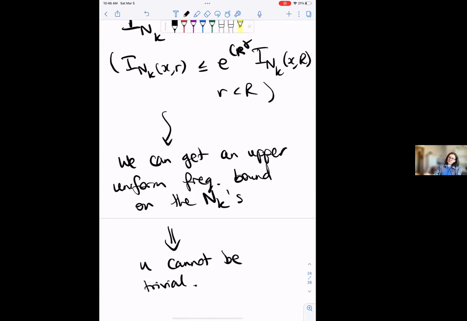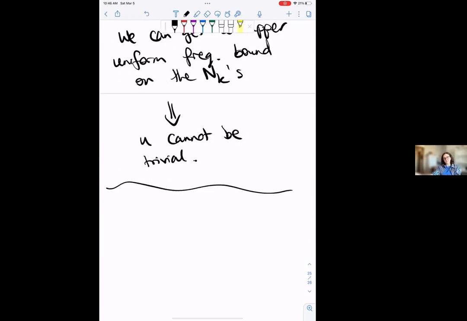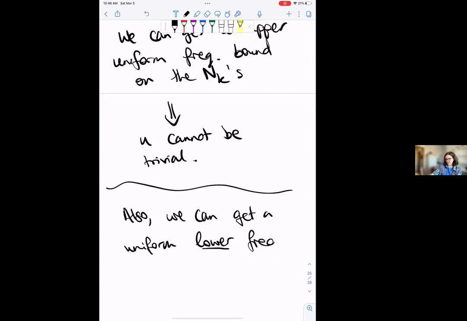And also we can get a uniform, in fact, lower frequency bound. So this is for the Minkowski estimate.